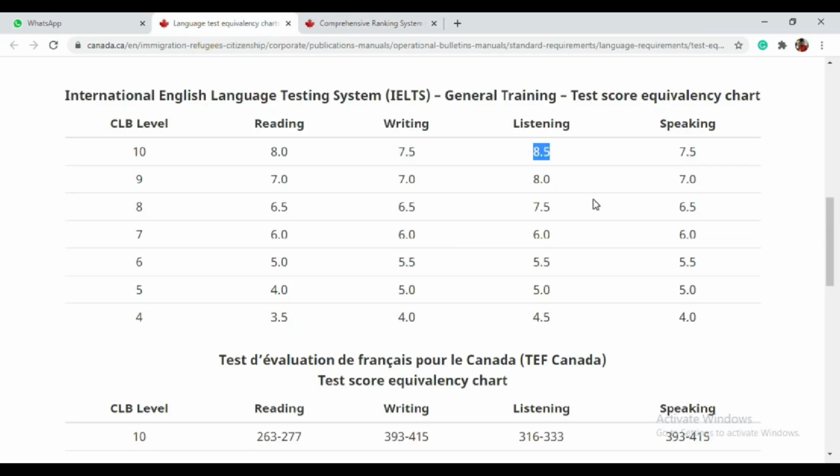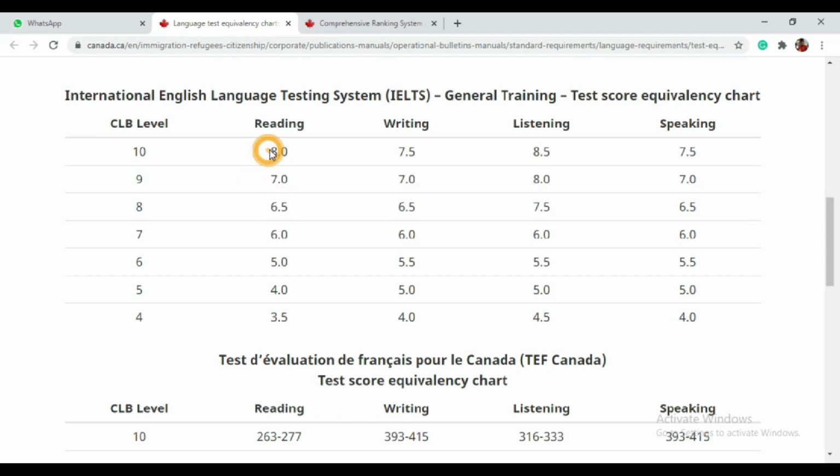So now why am I stressing on listening? Because 8.5 seems difficult. There's a difference of 1.5 bands from other CLB 9s. So that is why I'm stressing more on listening. Each CLB 10 will give you 3 more points than CLB 9.